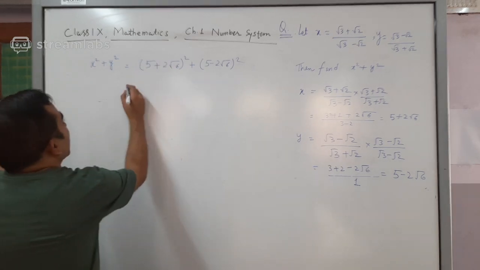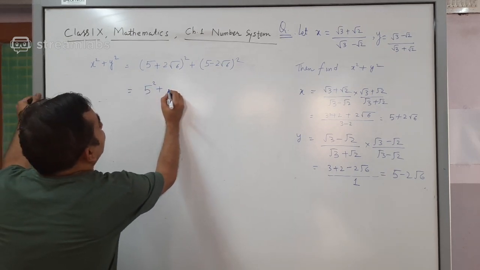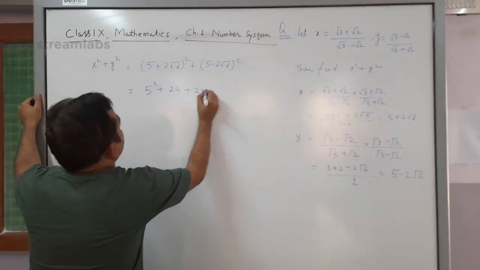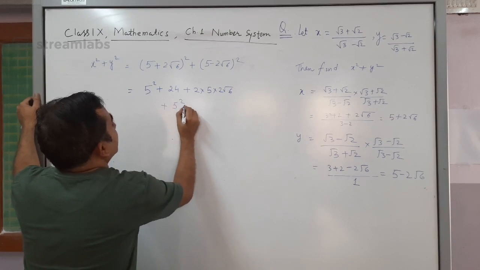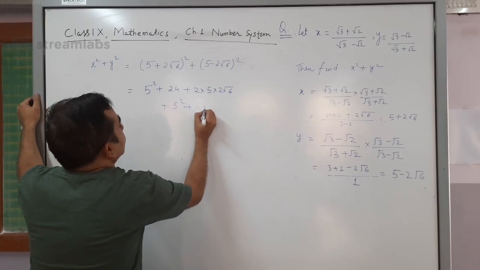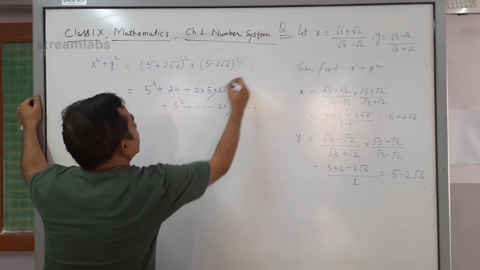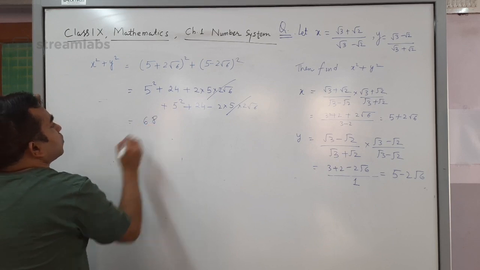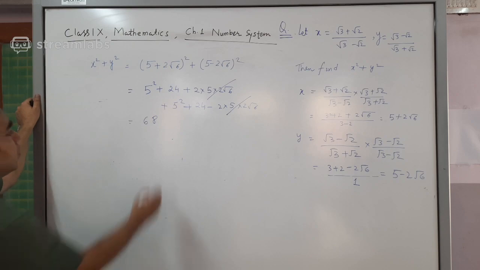It will become, no problem, I am expanding completely. 5 square plus 2 2s are 4 into 6 24 plus twice into 5 into 2 root 6 plus 5 square plus 24 minus 2 into 5 into 2 root 6. This term will get cancelled, right? 34, 68, finally it should be. Isn't it?